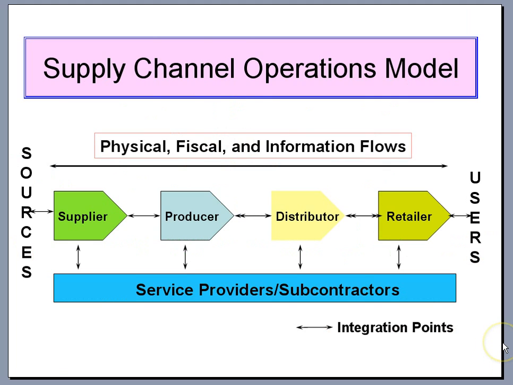And finally, regardless of which of the supply chain models we use, the model for ultimate success in supply chains is extended enterprises or supply channels. And the supply channel model, as we looked at in the overview, includes everything from raw material sources to the users, and then also services supplied to the users after consumption.